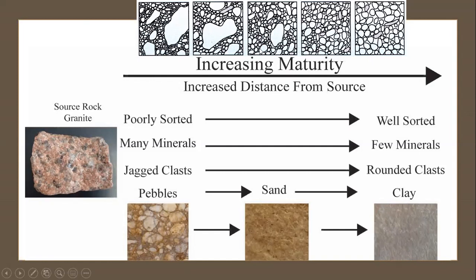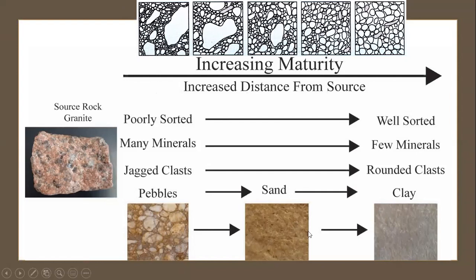If you go to the dead middle, you still have a relatively wide variation in grain size, but they're all still decently rounded, not well rounded, but decently rounded particles. It's about in the middle of mature and immature. So the far right is a very mature rock, and the far left is a very immature rock.